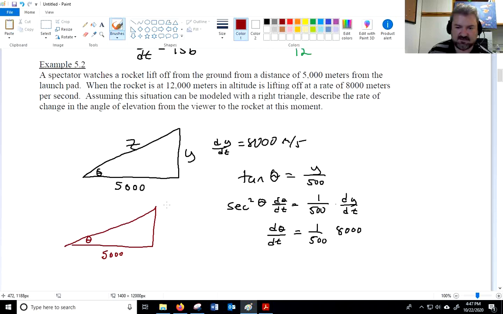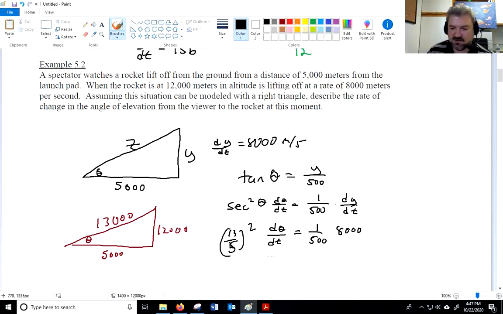I know the height here is at that moment 12,000. That is a 5, 12, 13 multiplied by 100. So this is 1300. And remember secant is cosine flipped over. Cosine from SOHCAHTOA is adjacent over hypotenuse. So secant must be hypotenuse over adjacent. We want to reduce that. It's just 13 over 5. So 13 over 5 squared.